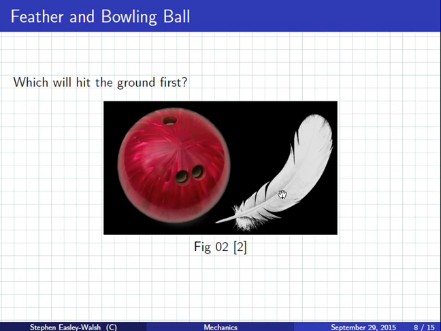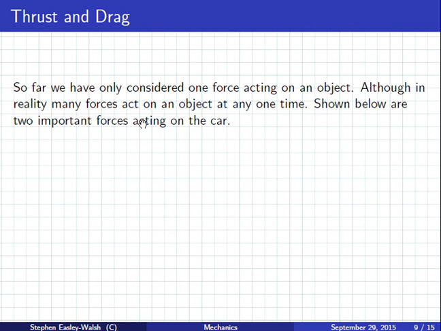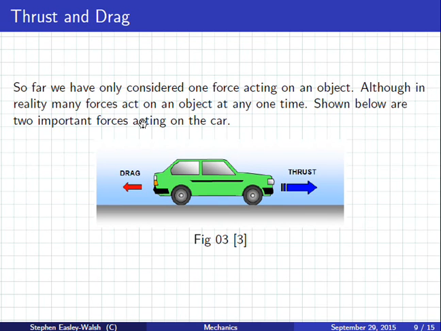The feather has a big drag force, and this one here, no drag force. So in some situations, the drag force is very important. Like in your car as well. The air is what stops your car from going faster and faster. This is called the drag.